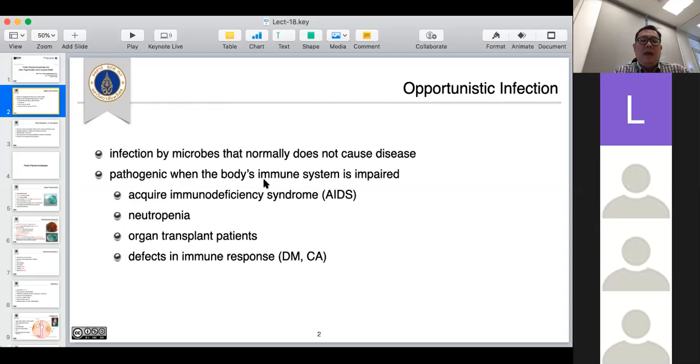And people with a defect in immune response, for example diabetes mellitus, or cancer patients.